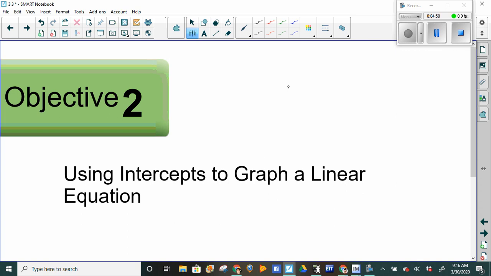So even if you create your table like we've been doing, where you've been choosing negative 1, 0, and 1 as your x values to find the y values, when they are specifically asking you to use your intercepts, then you're going to assign x as 0 and find y, then assign y 0 and find your x. So your table will look like this, and you are going to find those two values, and then you'll graph them.